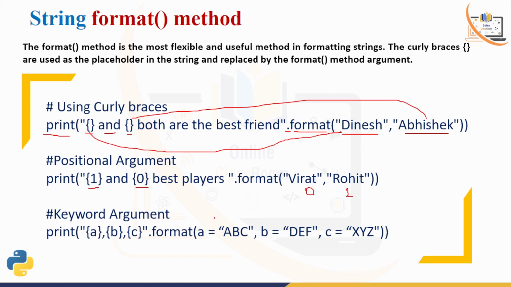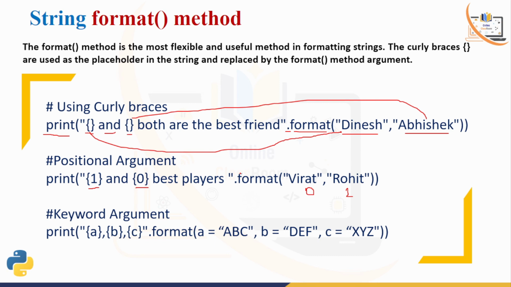So the output will be Rohit and Virat, the best players. If we do not write anything, it maps the first one with the first and the second with the second, but we can also map it using the positional argument.